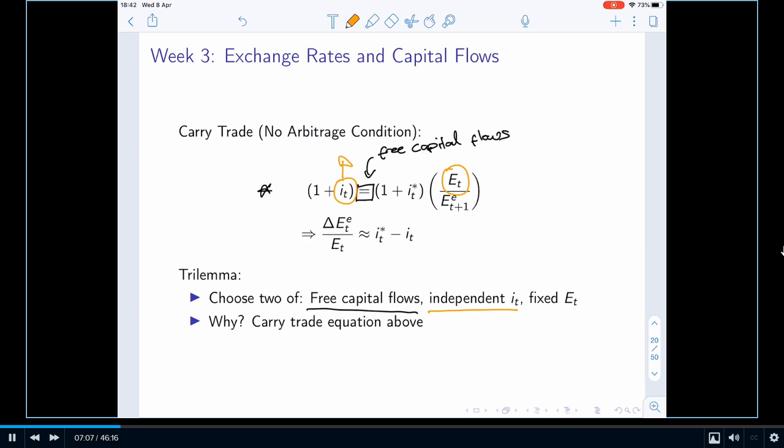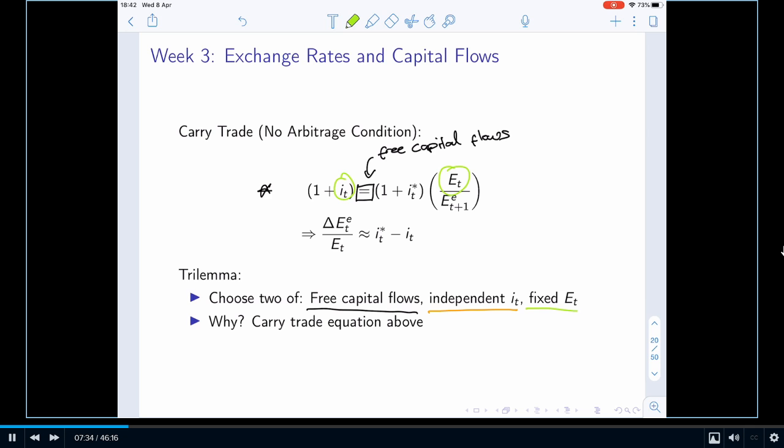So if this goes up, that has to go up, and vice versa. Or if instead we want to fix our exchange rate, that means that the nominal interest rate and therefore monetary policy has to be a kind of a slave to our exchange rate policy. So there's no more independence with monetary policy.